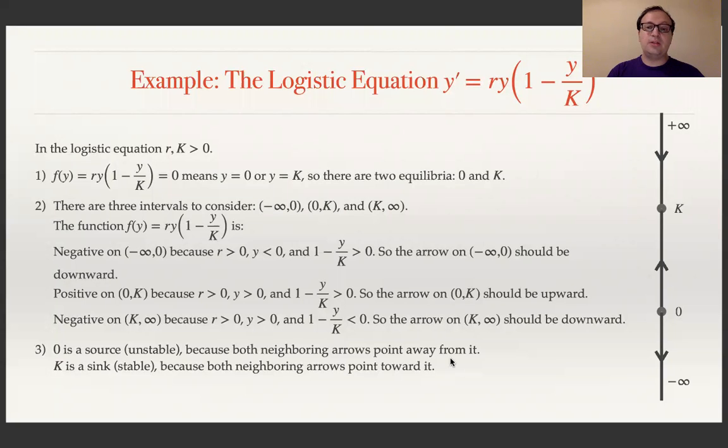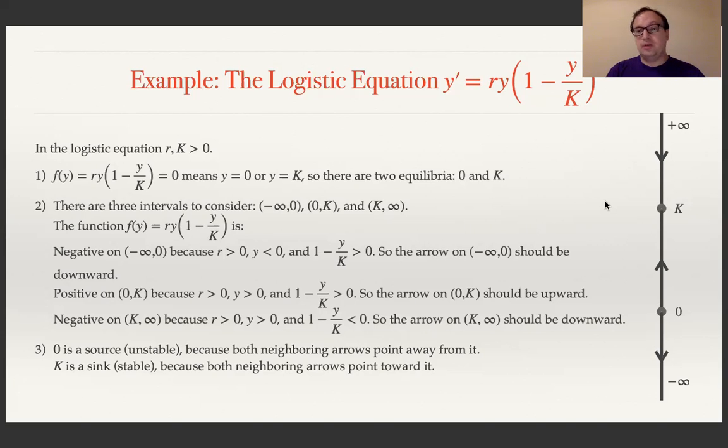So this means that if we start with a population that is even slightly different from 0, then the population is going to very rapidly go away from 0. Well, in the application, the population can only be positive. So if we start with a positive population, even a very small one, it's going to grow away from 0.